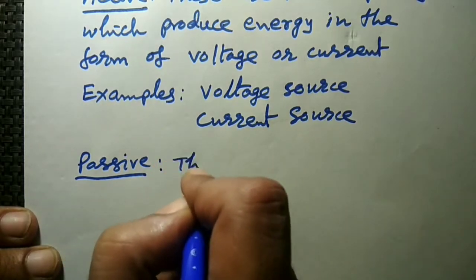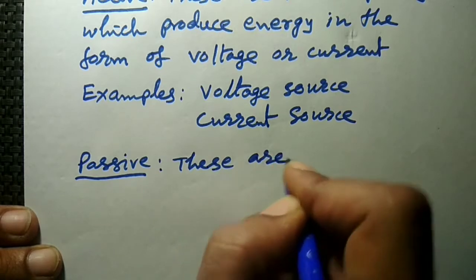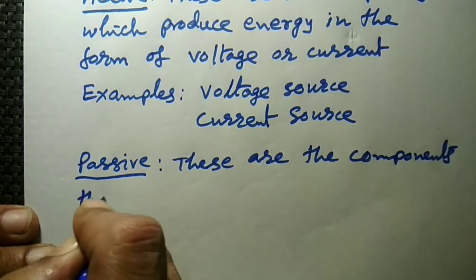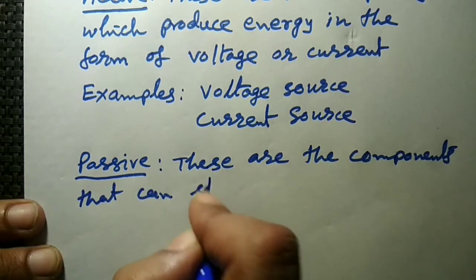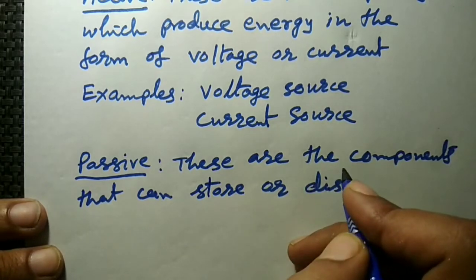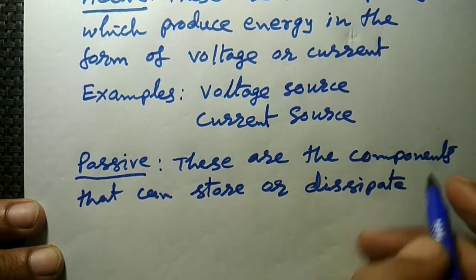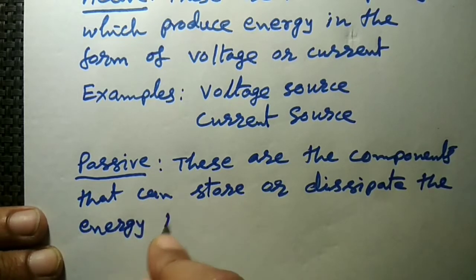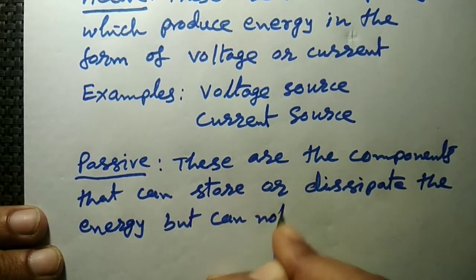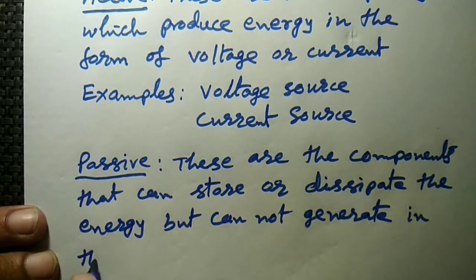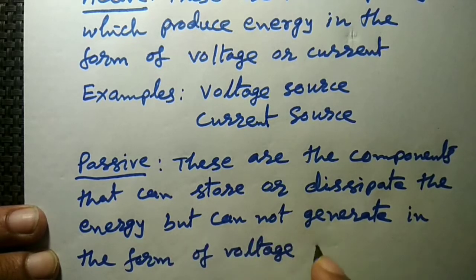So these are the components that can store or dissipate the energy but cannot generate the energy in the form of voltage or current.